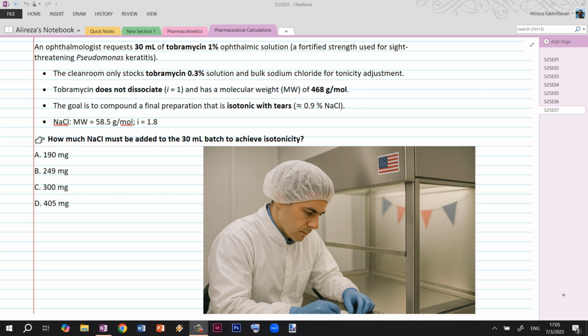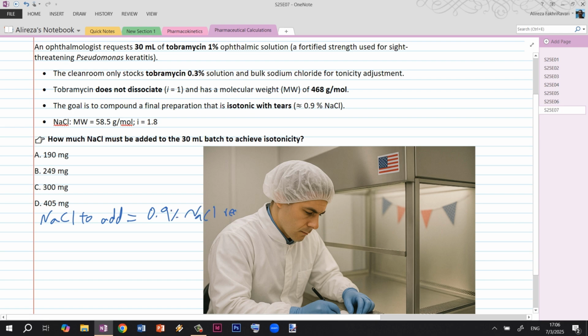Now, this problem essentially is asking you how much sodium chloride you need to add. So this is essentially what you need to calculate to see which is the correct answer. Because we are looking at the I for this problem, we want to keep the solution isotonic. So we are looking at 0.9% sodium chloride.